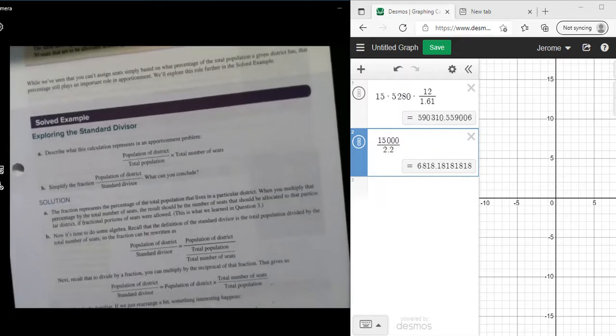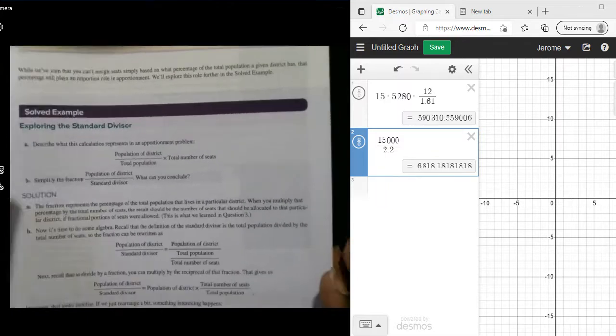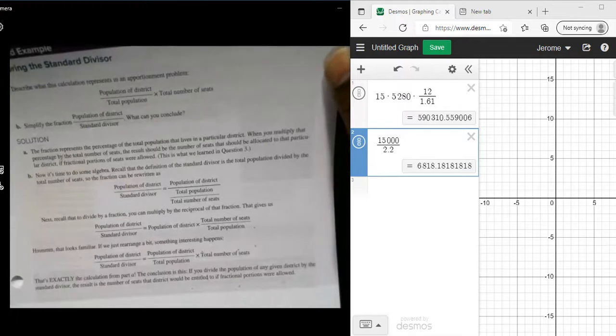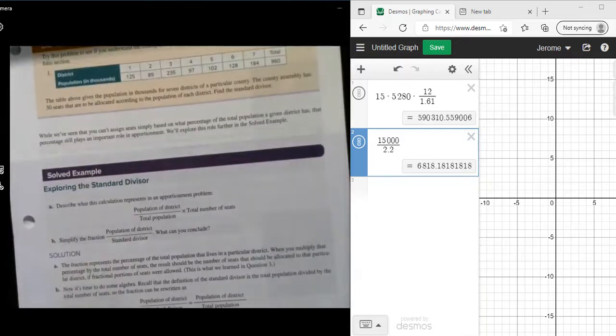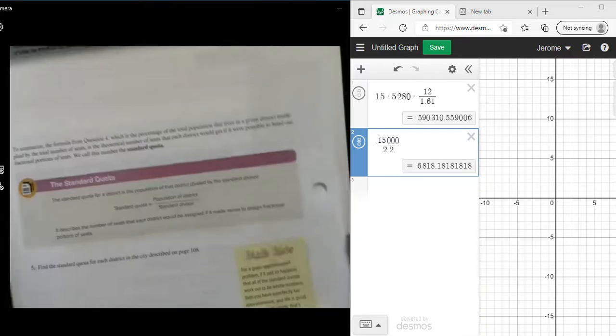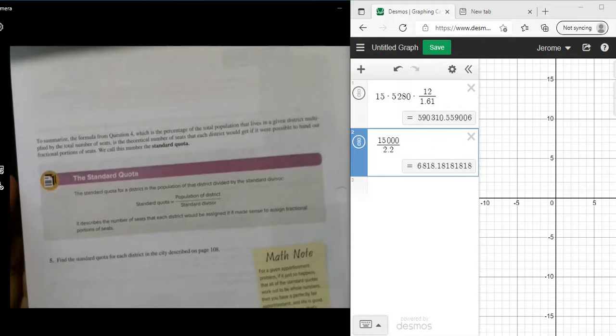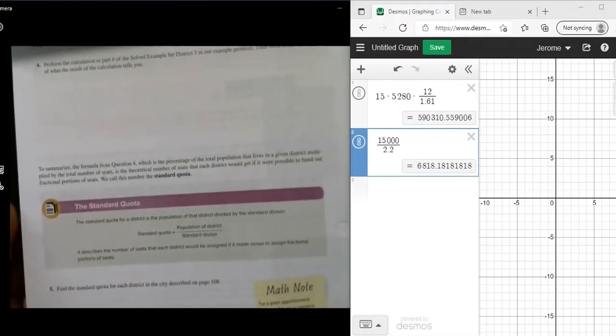Now we have what is called the standard divisor. We have a long definition here of the standard divisor, but what I would like for us to do is go on to the next page because they're basically telling you how they derive the formula. But on the back here, right here in the middle, it shows you the formula for the standard quota.